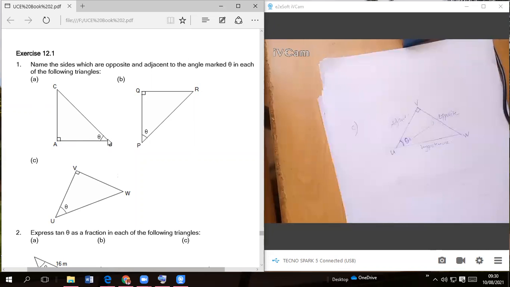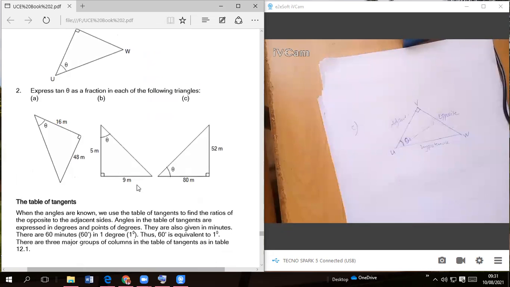Because AB is the side that is next to the angle here. So this is the angle and this side is adjacent. Then this one here is opposite because it is opposite to the angle theta. And CB is the hypotenuse.